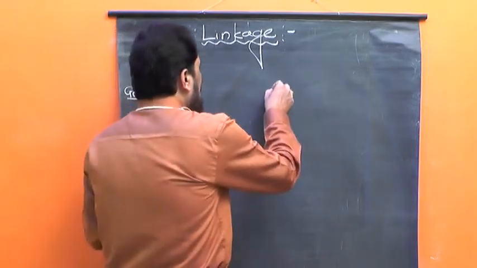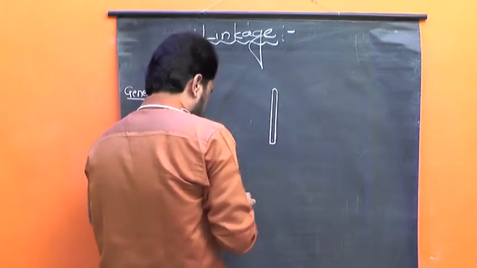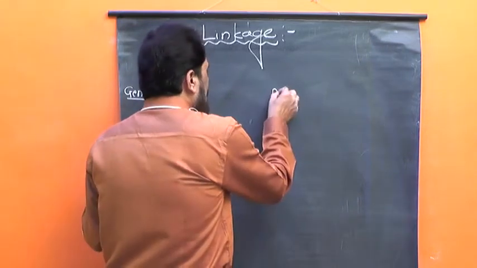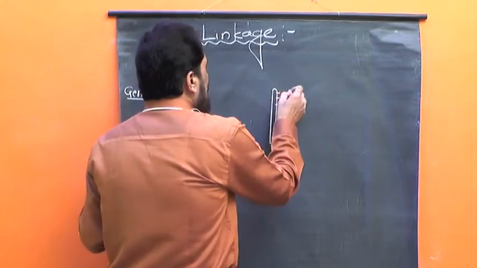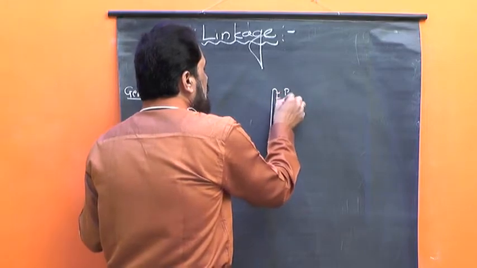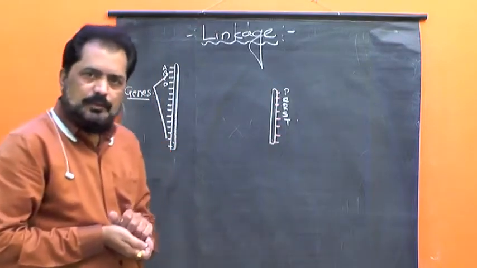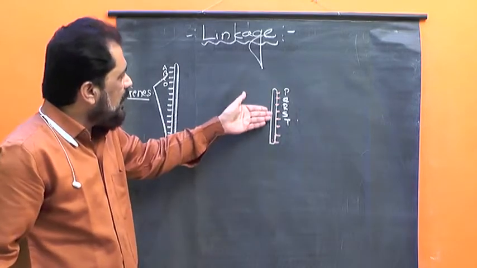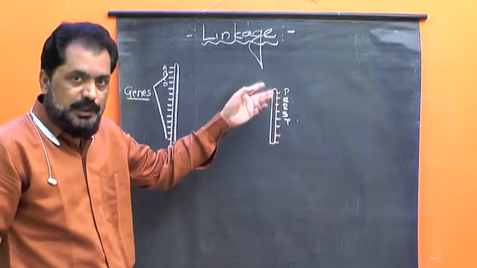Consider here is another chromosome, and on this chromosome also some genes are present. Suppose we can say P, Q, R, S, T, whatever it may be. Now here these P, Q, R, S, T genes are present on this chromosome, so they are also linked.